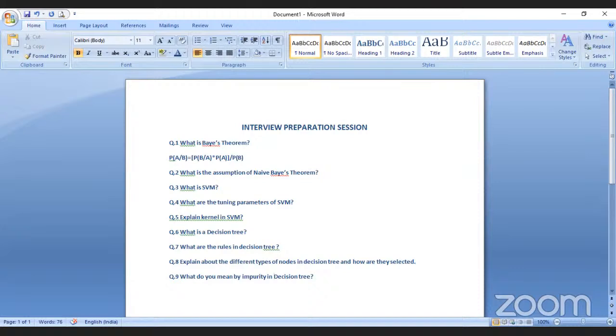When there is some noise or error in the data, that is called impurity. If we don't have impure data, then it is pure data and belongs to the same class. Mostly we work on impure data. That is called the impurity in a decision tree.